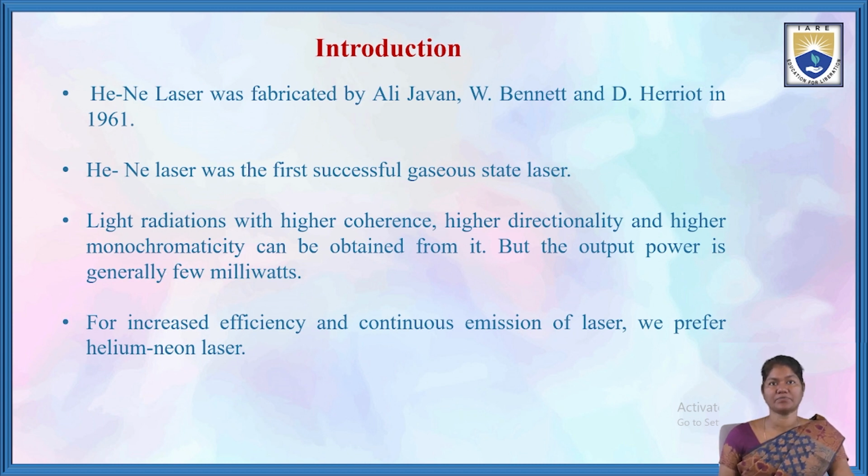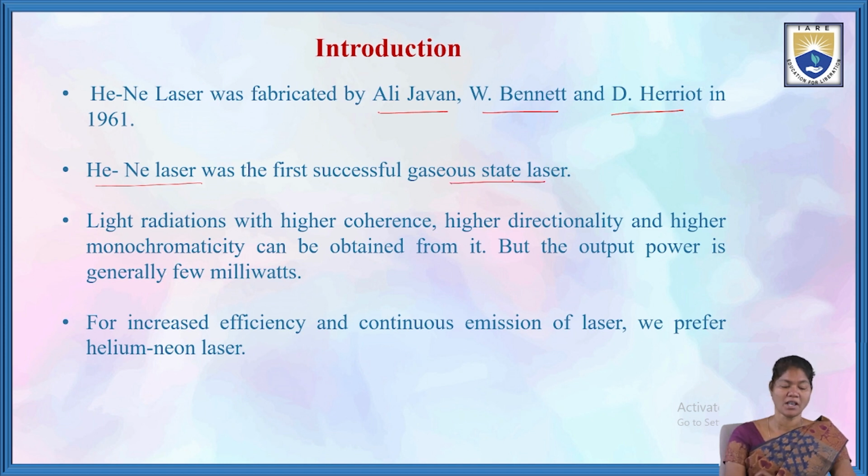The helium neon laser was fabricated by Ali Javan, W. Bennett and D. Harriott in 1961. It was the first gaseous state laser which was successful in producing light radiation.